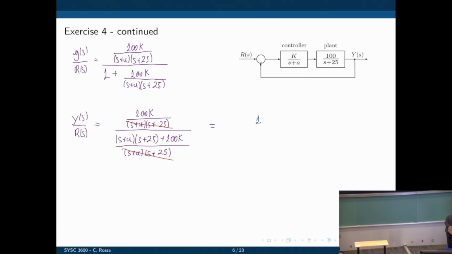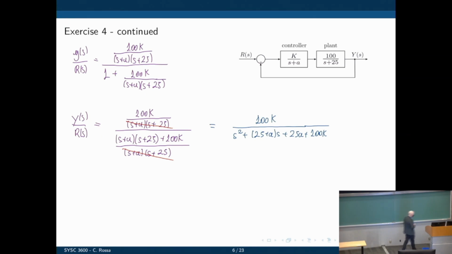This is 100k divided by s squared plus (25 plus a) s plus 25a plus 100k. Okay, so that's the closed loop transfer function. This must be, at this point, really clear.